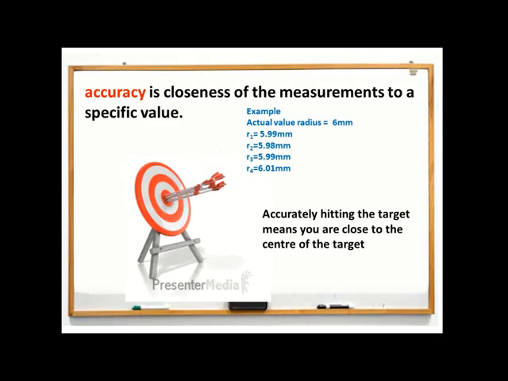For example, here the radius of an object is 6 millimeter, but it is measured as 5.9 millimeter, 5.98 millimeter, 5.99 millimeter, 6.01 millimeter. Whatever the measured value is, if it is very close to the actual value, then I can say it is accurate. Or if we get exactly the value, then there will be no error. It is very accurate.